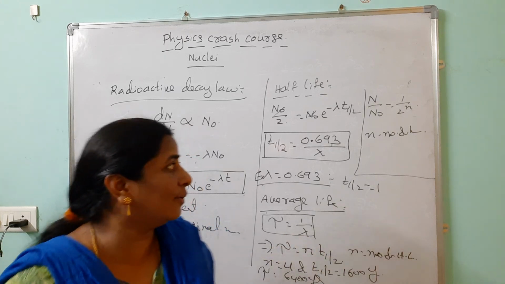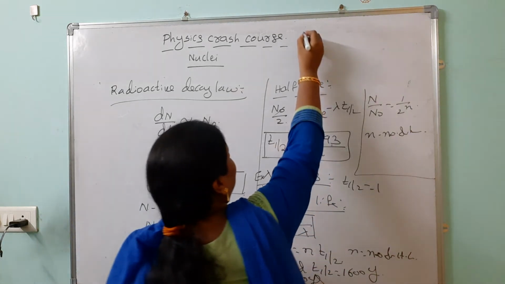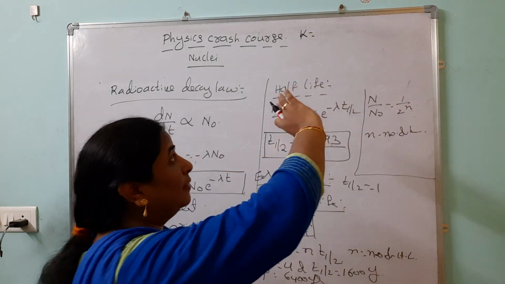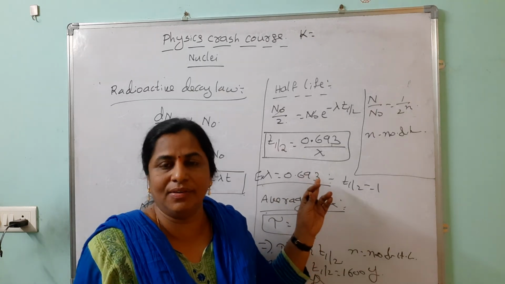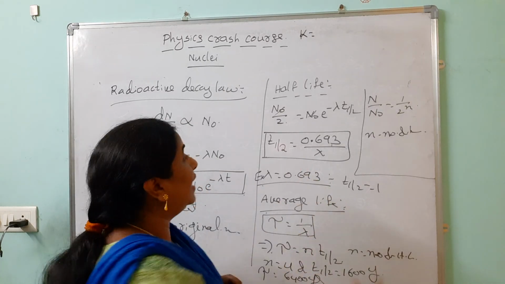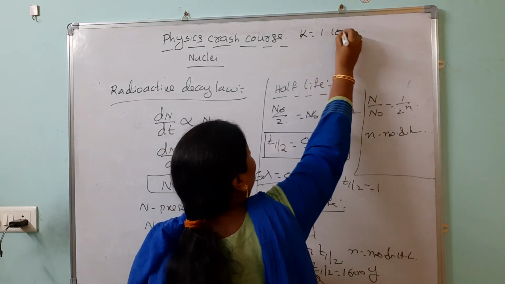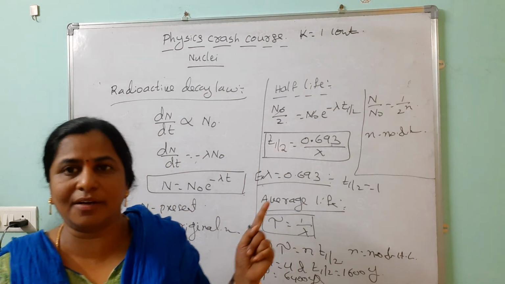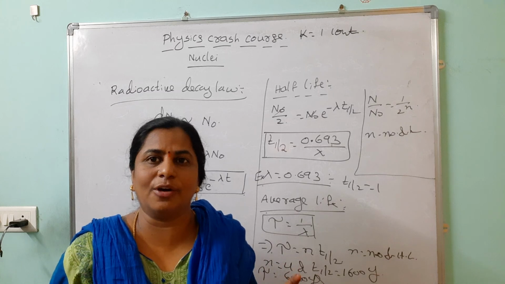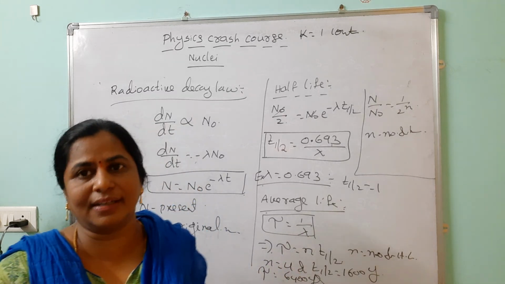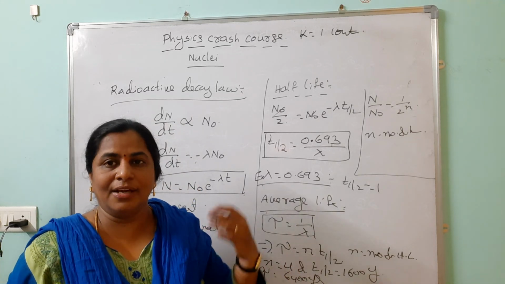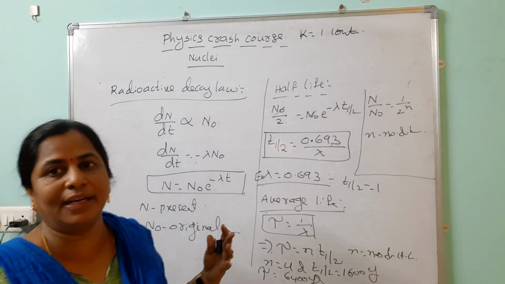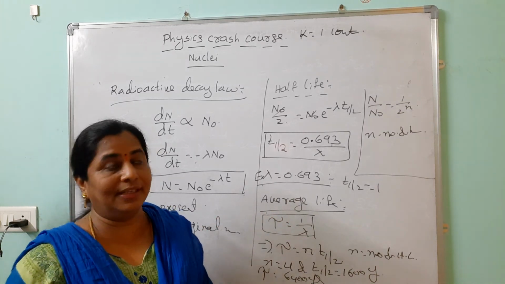Based on that, they introduced the neutron multiplication factor K: the number of neutrons in the present reaction divided by the number of neutrons in the previous reaction. If K equals 1, that is called a controlled chain reaction. That is the principle of the nuclear reactor. I think you are perfect in what a nuclear reactor is and its parts: fuel, control rods, moderator, shielding, and coolant are all parts of the nuclear reactor.